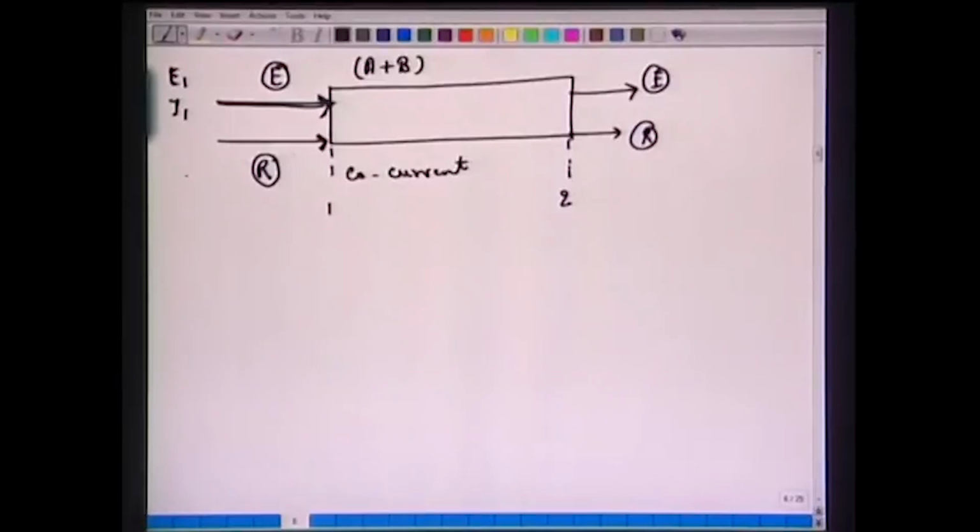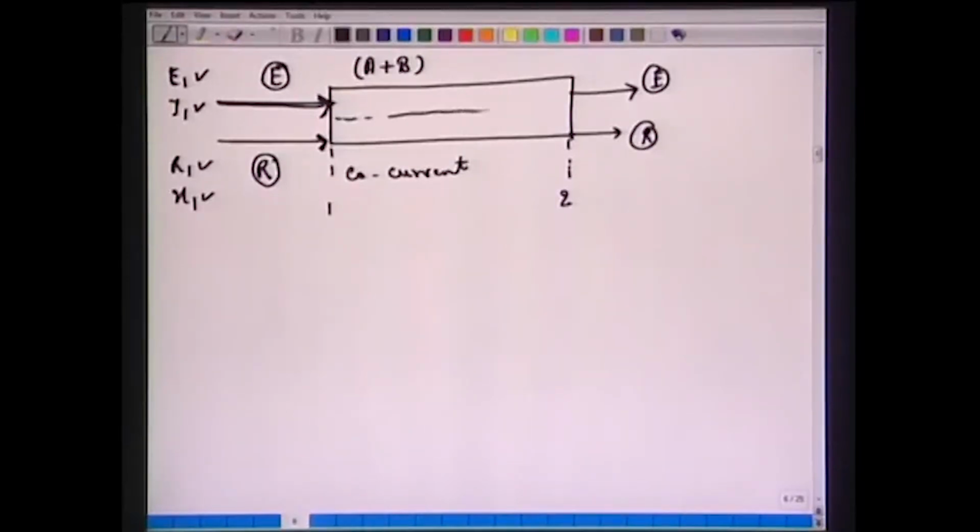It's brought in contact with another stream R, which has a flow rate of, say, R1, and it has a mole fraction of A given as X1. So E1 in mole per second or kg per second, with Y1 mole fractions or weight fractions, and R1 in mole per second or kg per second, with the corresponding mole fraction or mass fraction in this raffinate phase.